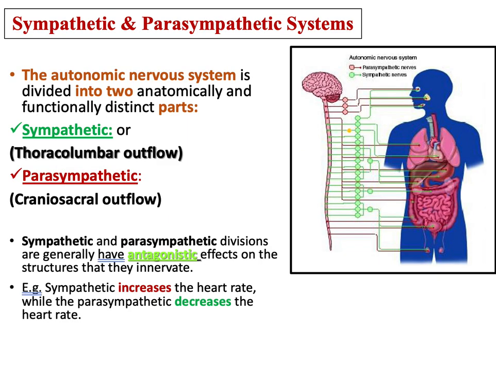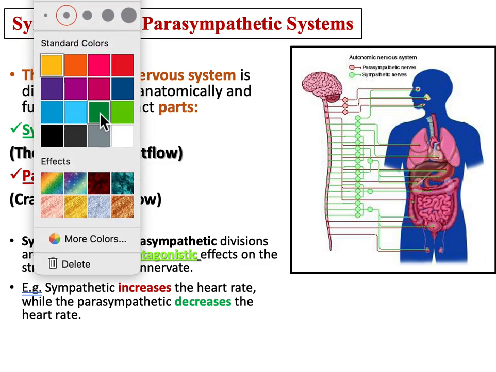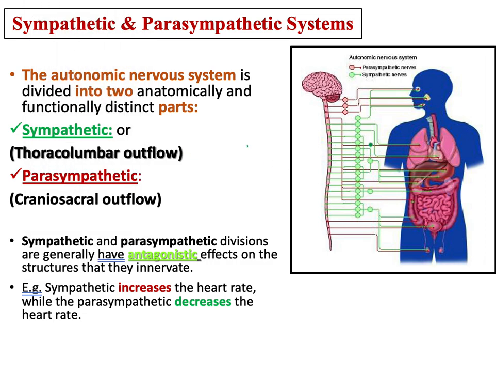What does it mean? The sympathetic is the green color. Okay, look at the green color, which is the sympathetic nervous system.